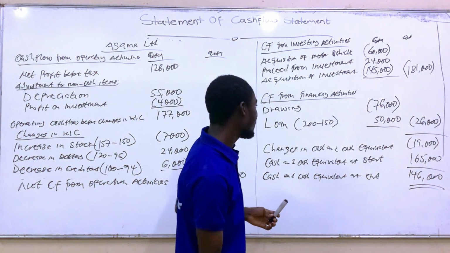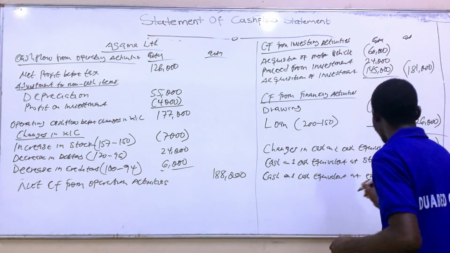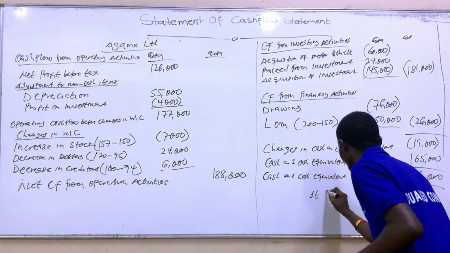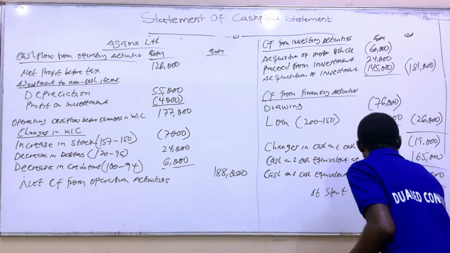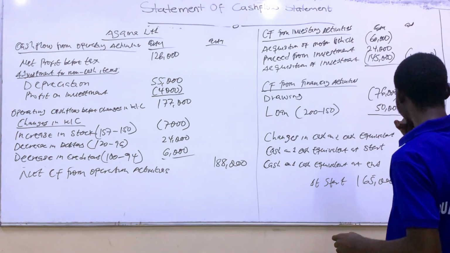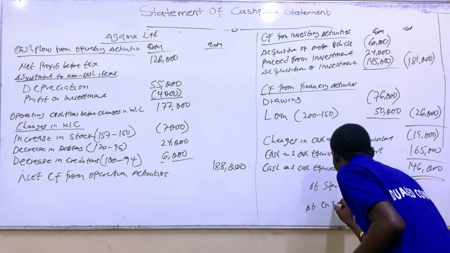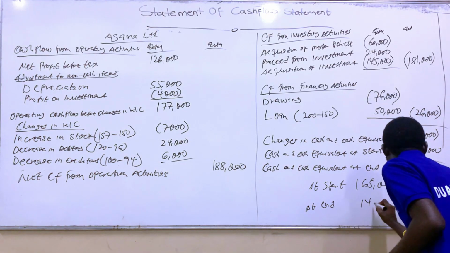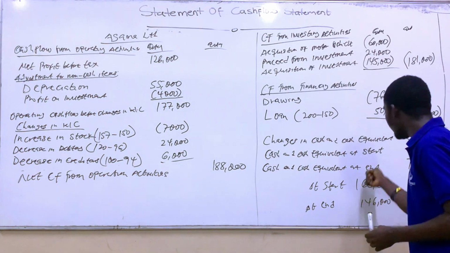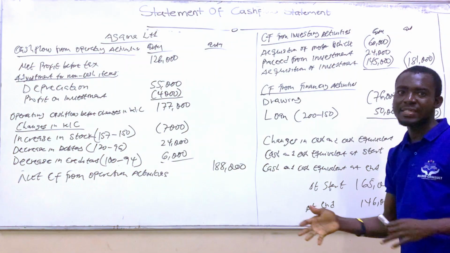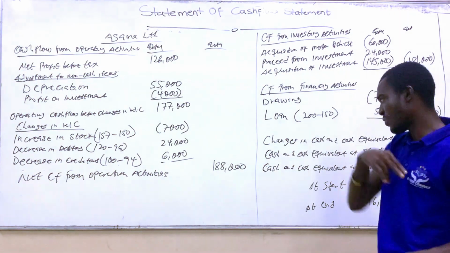So from the question that we just saw, cash and cash equivalents at start is 165,000, and at end is 146,000. So the difference between your cash and cash equivalents at start and at end will be your changes in cash and cash equivalents.